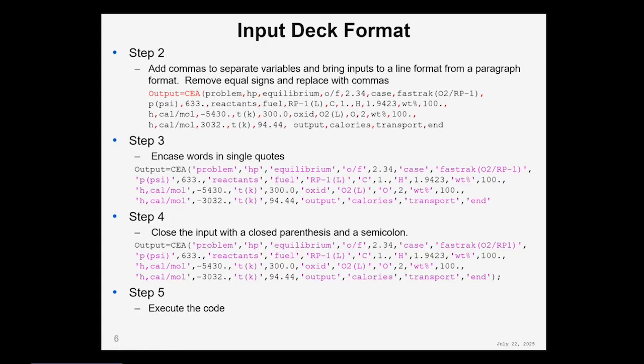With that, we separate everything in the FORTRAN input deck with a comma, and encase all of the words within the single quotes that you see in MATLAB, which turn magenta. Then we close the parentheses and add a semicolon so it doesn't print to the screen by default. And at this point, you can execute the code and get results.